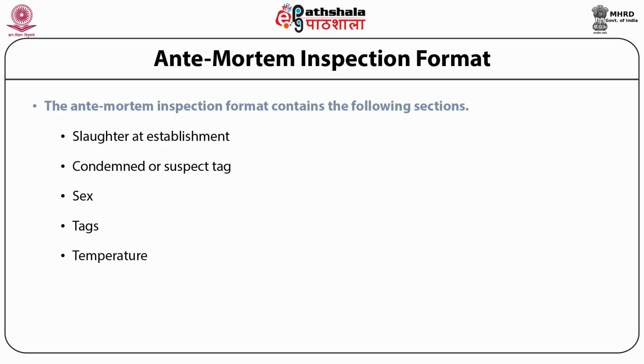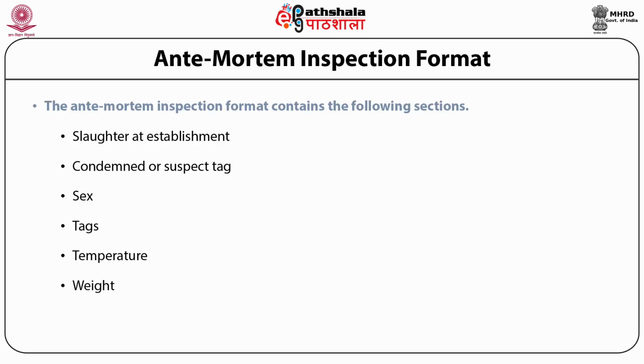The veterinary inspector should indicate the temperature in degrees Celsius. They should take the temperature of all downers and all animals exhibiting signs of abnormality. Variation in temperature also causes hormonal changes and may affect the meat quality.